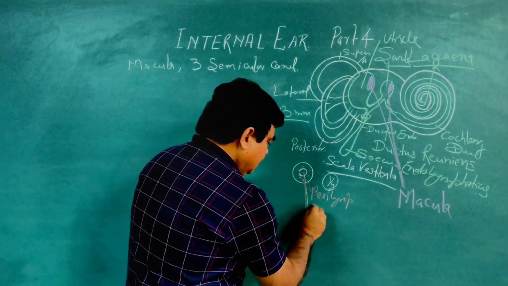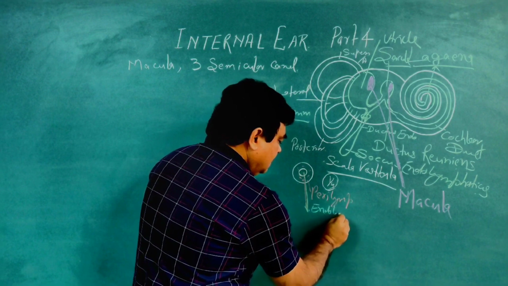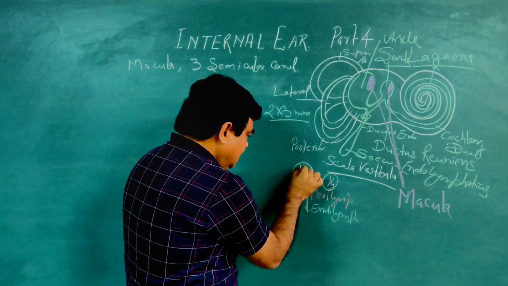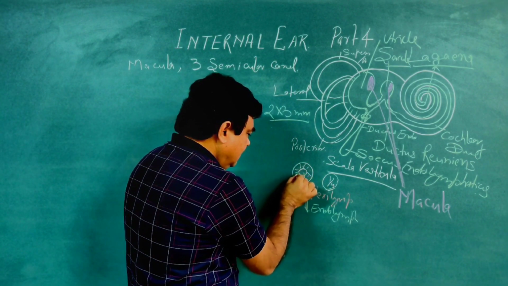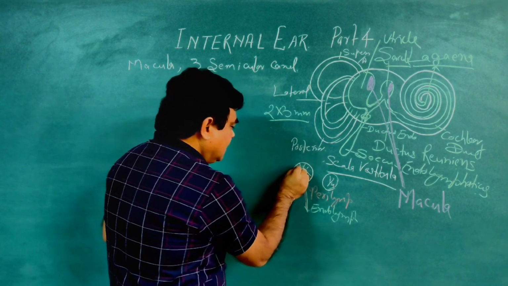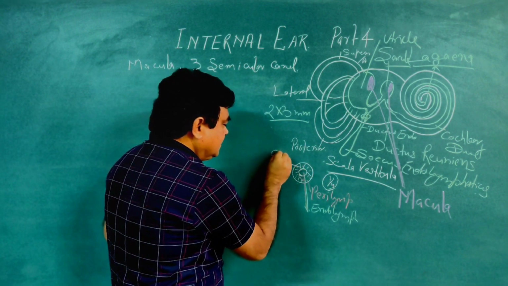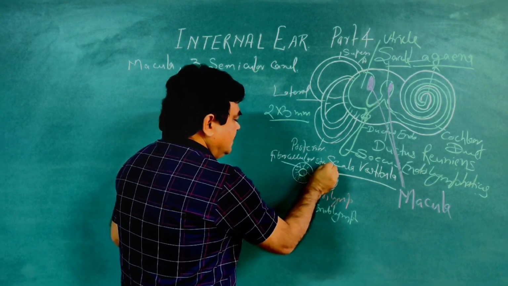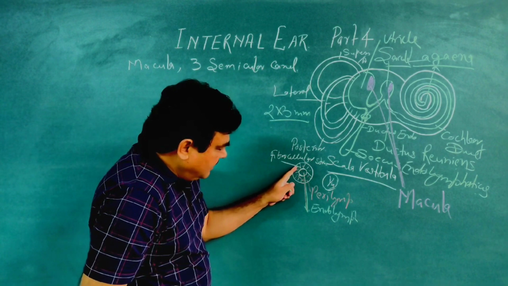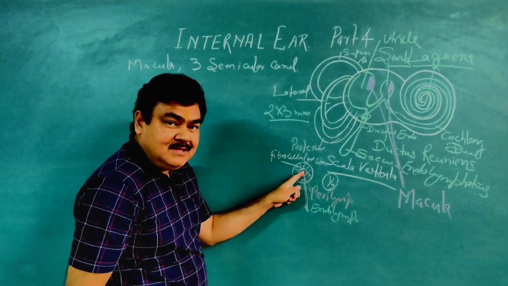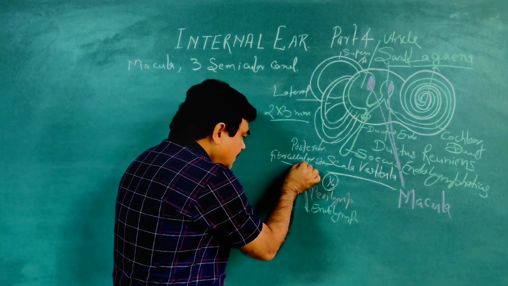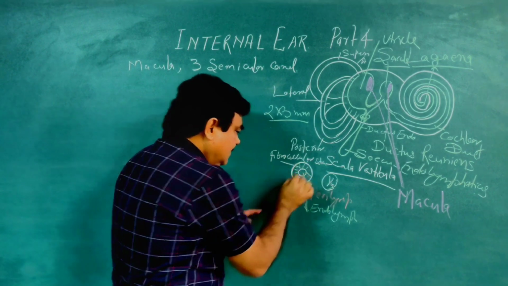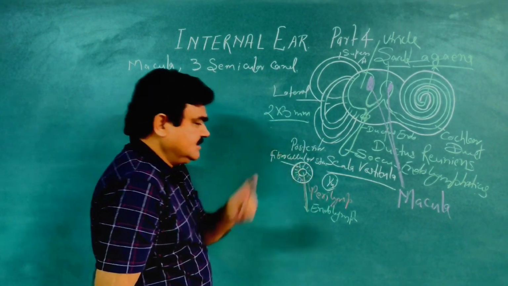This is endolymph, and here is fibrocellular structure, through which the membranous labyrinth is suspended within the bony labyrinth. So this is fibrocellular structure.